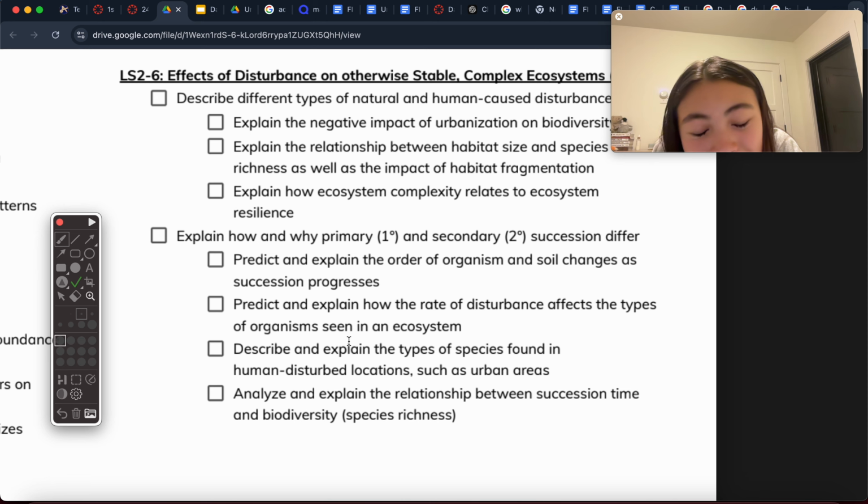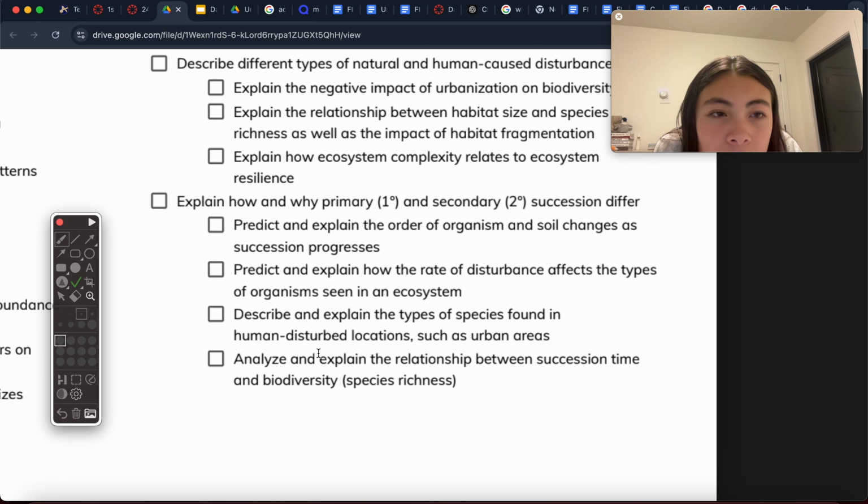Okay, maybe it's asking, as the succession progresses and the habitat begins to become more and more mature, there will be more diversity. So there'll be more biodiversity. So it's kind of like that. So I guess that's what it's asking.